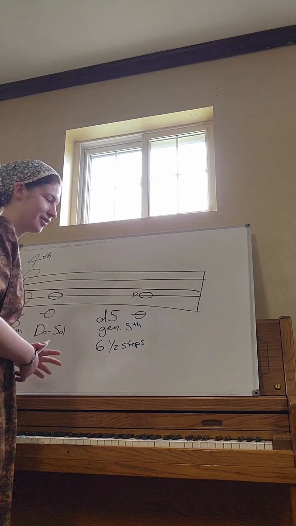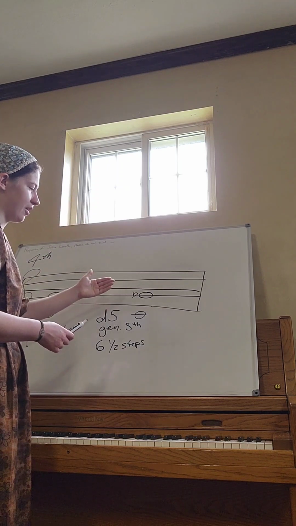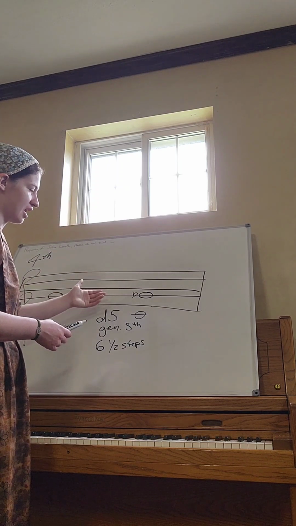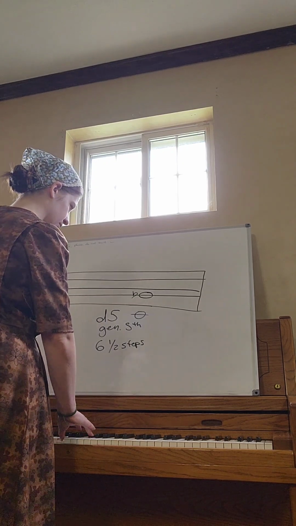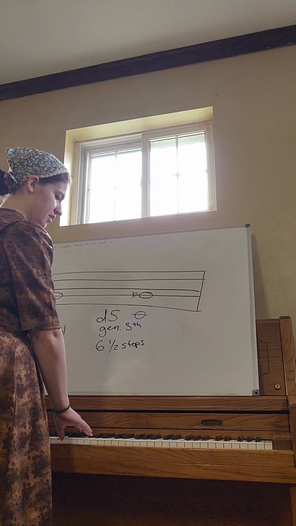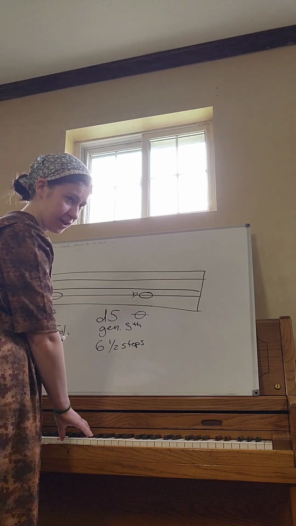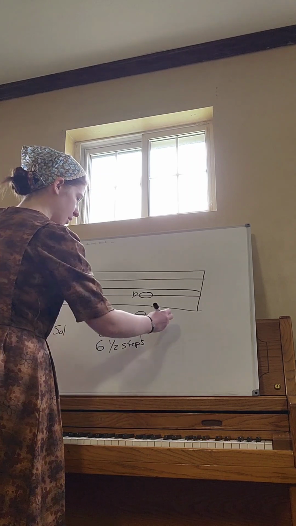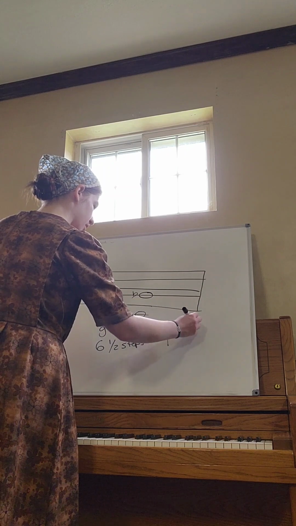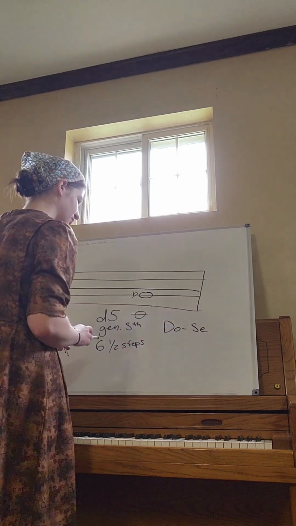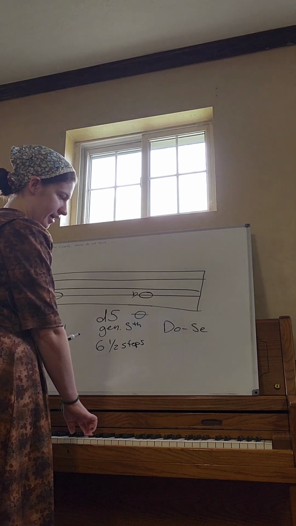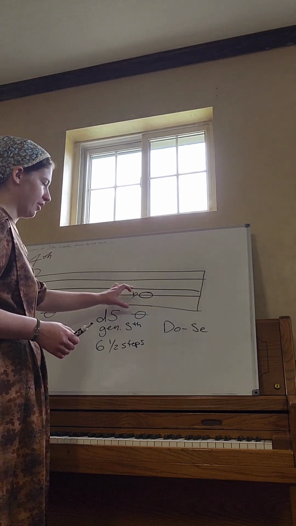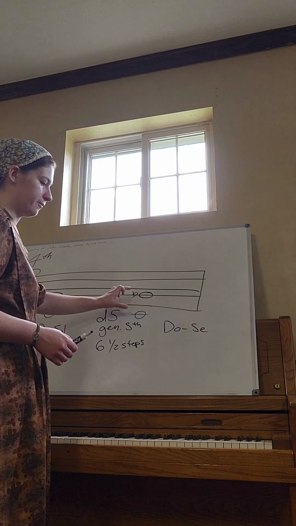Again, remember, in this context, the diminished fifth is the same as the augmented fourth. Because it's a diminished fifth, it's not do, fi. Remember, it's do, se. Here's sol, se. So you can't call a diminished fifth do, fi.